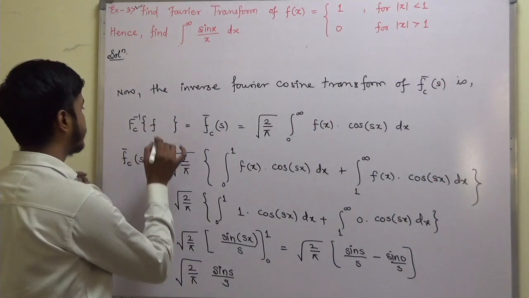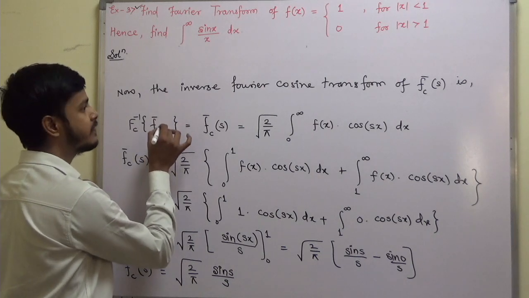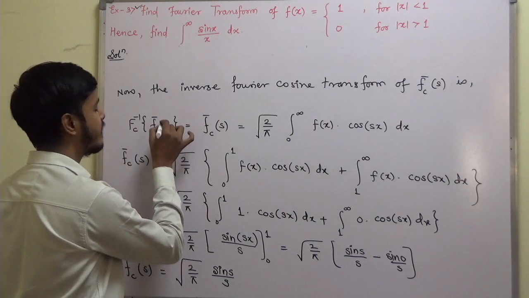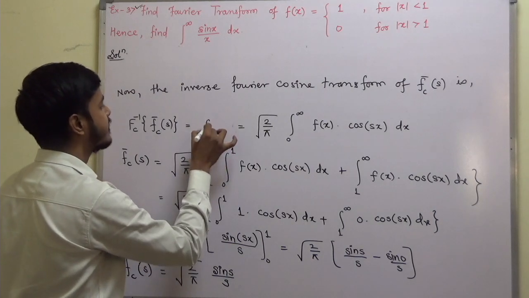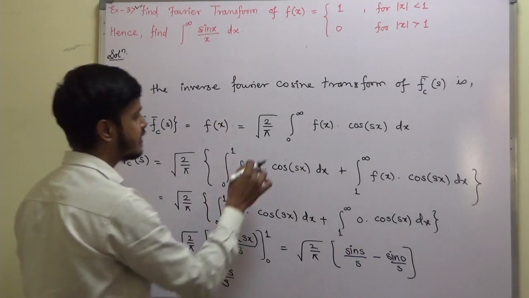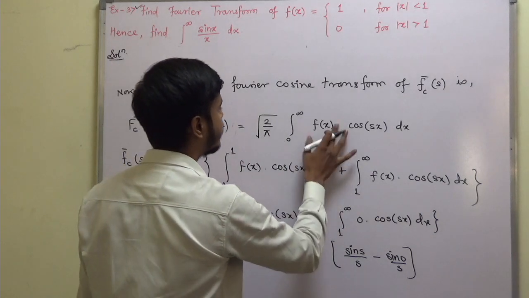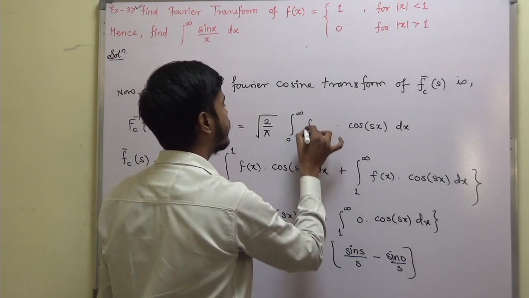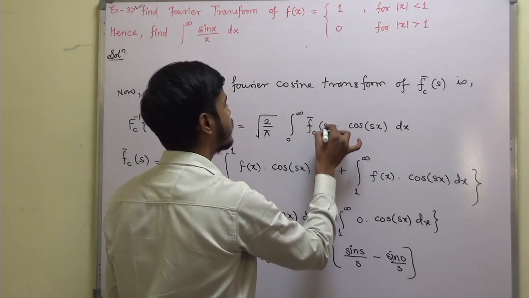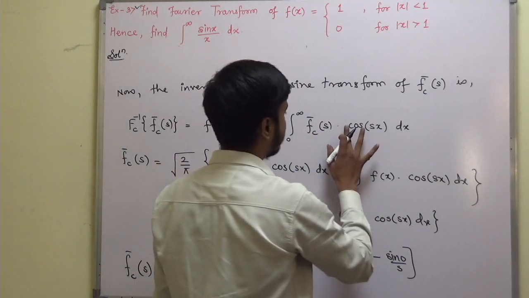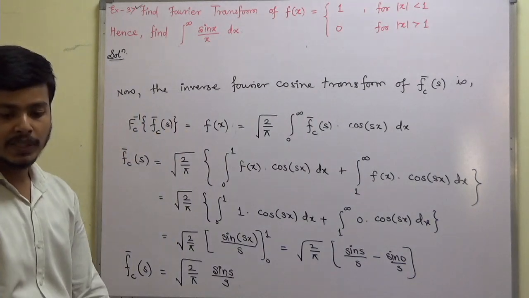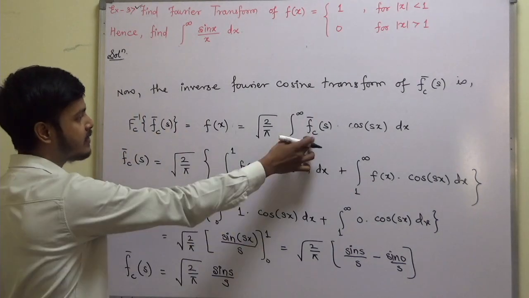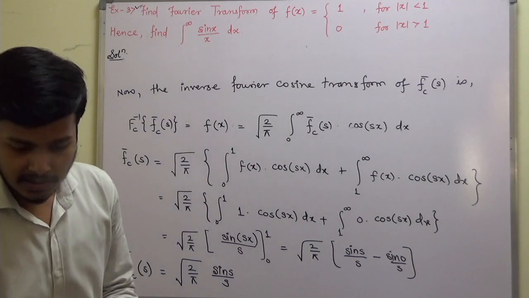So the inverse Fourier cosine transform of fc of s is nothing but f of x, and this is under root 2 by pi integral 0 to infinity fc of s, the Fourier cosine transform of the function, and then cos sx ds. Yeah, that's correct. Now you have this value, you can just substitute it.